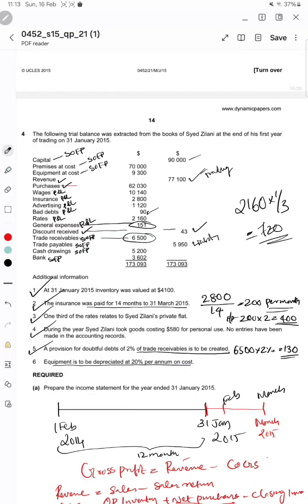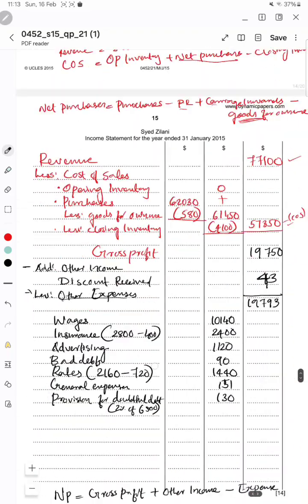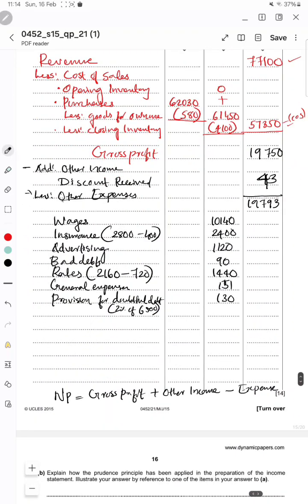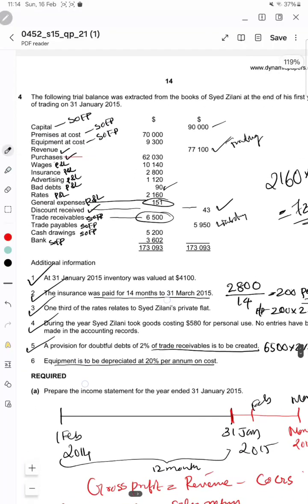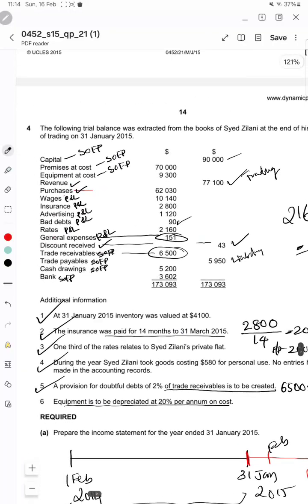Equipment is to be depreciated 20% on cost. So here equipment, depreciation is an expense, so write depreciation on equipment. There is no method given, so we are assuming it's the straight line method, and you can calculate the 20% directly from the equipment.